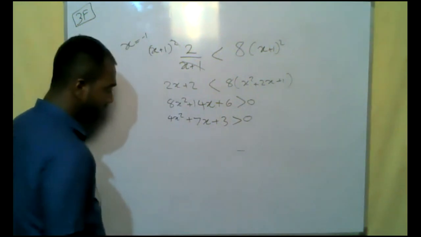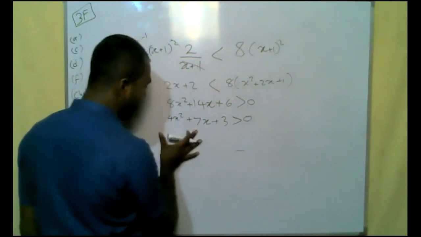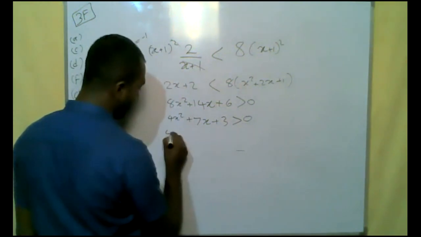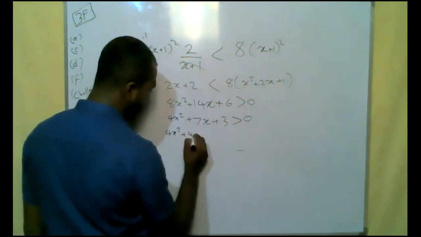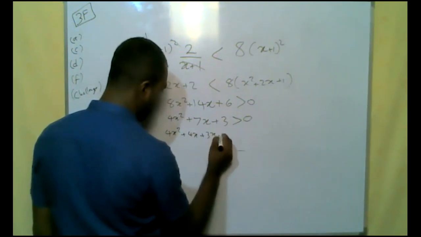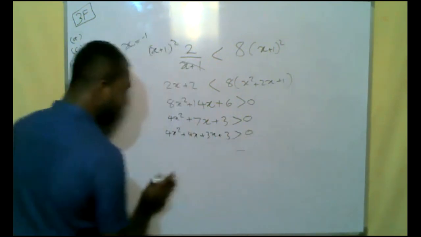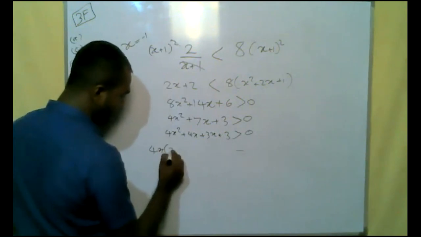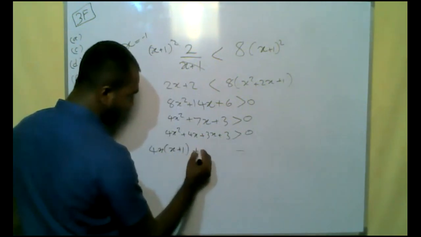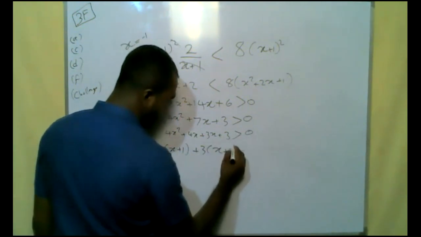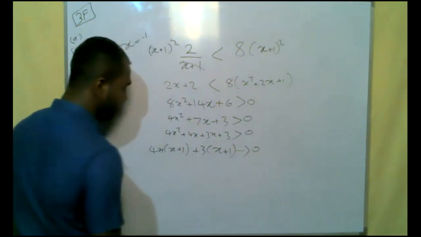Easily we can see that it's like 12. 12 we can split again into 4 and 3. So 4x squared plus 4x plus 3x plus 3 should be greater than 0. So 4x(x plus 1) plus 3(x plus 1) should be greater than 0.